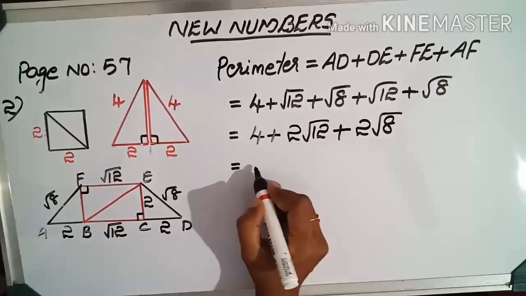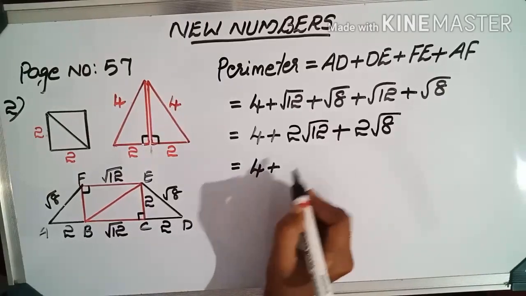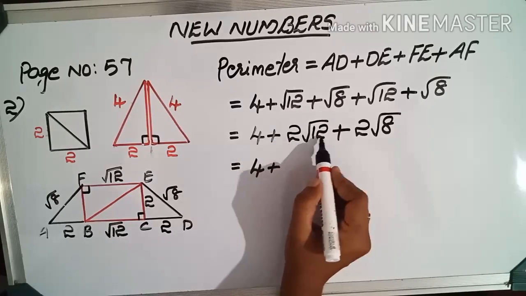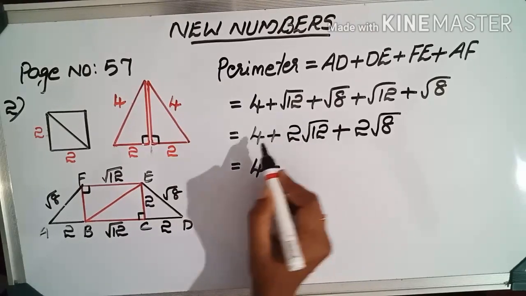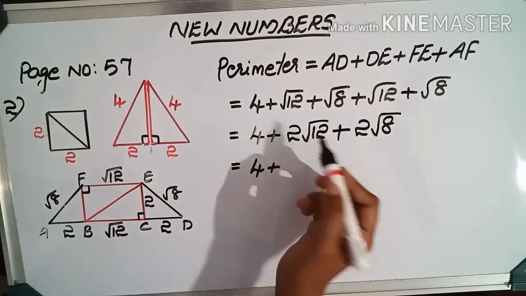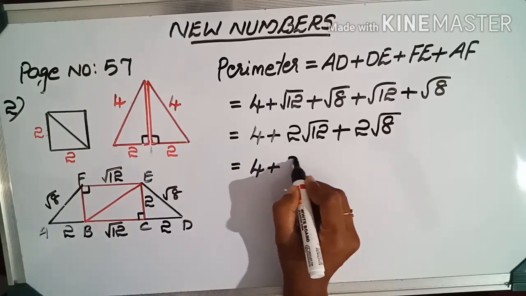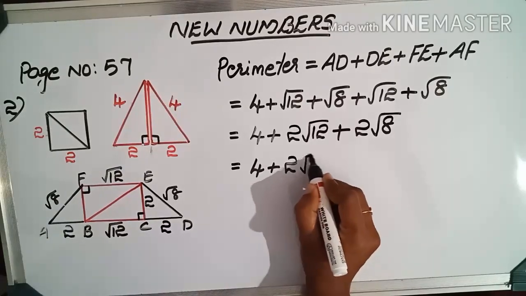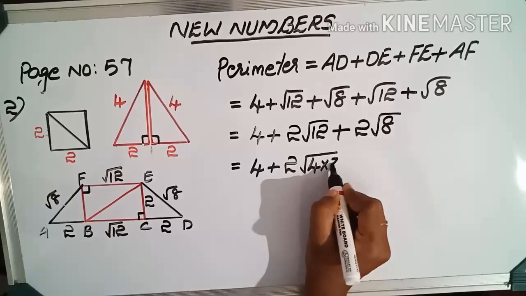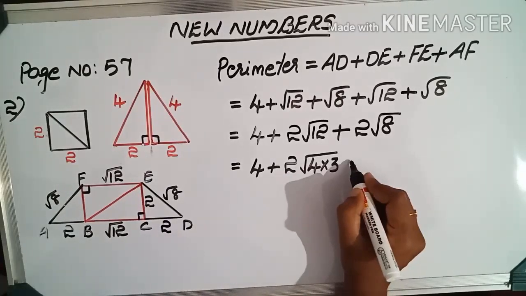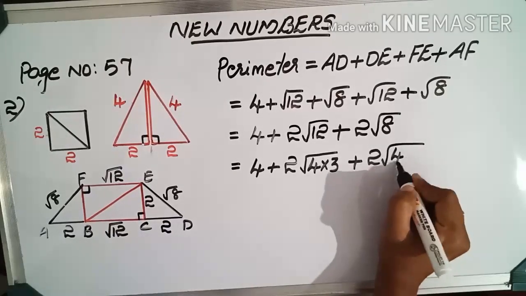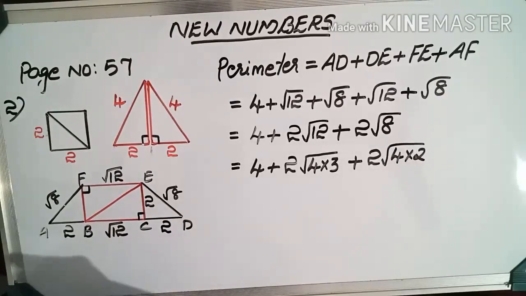Now we can split. That is 4 plus, here don't add these two. 4 and 2 you can't add, because here root 12 is there along with the 2, but root 12 is not there along with 4. So it is not possible to add directly. We have to split it as 2 root of 4 into 3, as in the previous case where 12 was 4 into 3. Next also you can split root 8 as 4 into 2. 4 2s are 8.